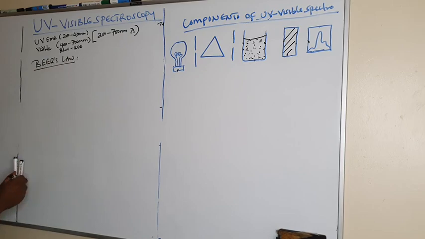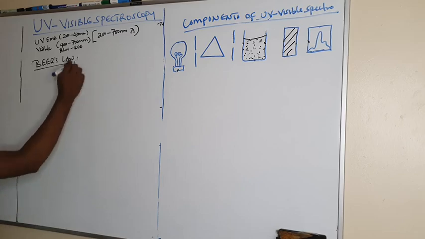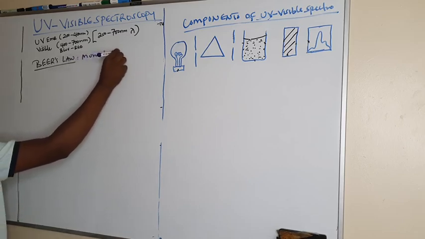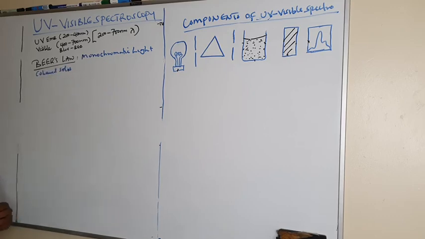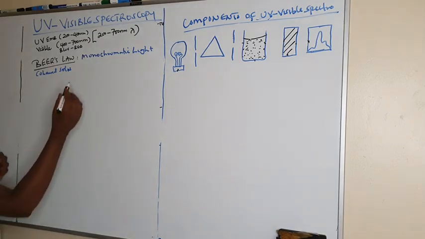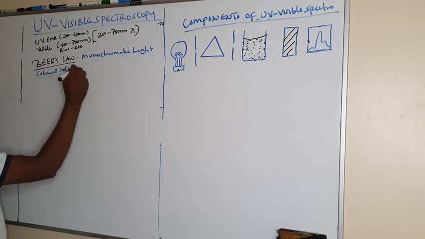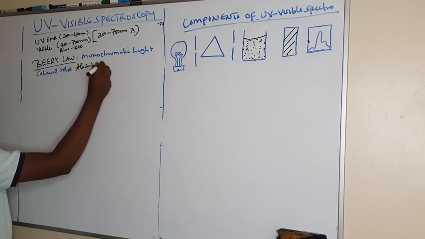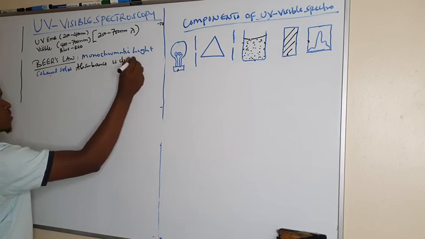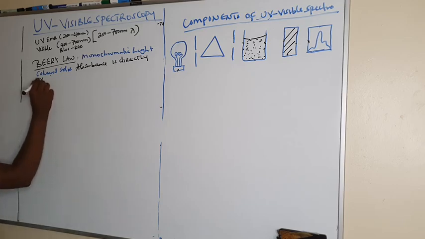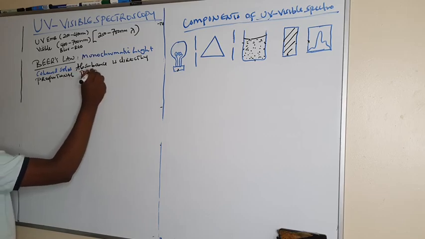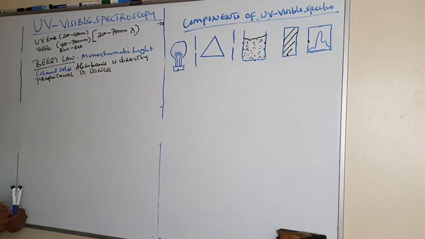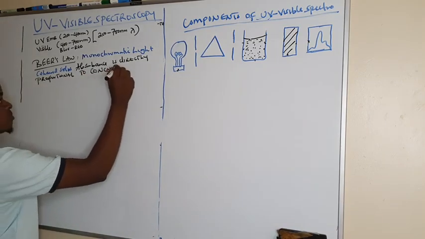According to Beer's law, when a monochromatic light passes through a colored solution, or any solution which is well mixed or homogeneous, the absorbance is directly proportional to concentration, or you can call it number of absorbing molecules.